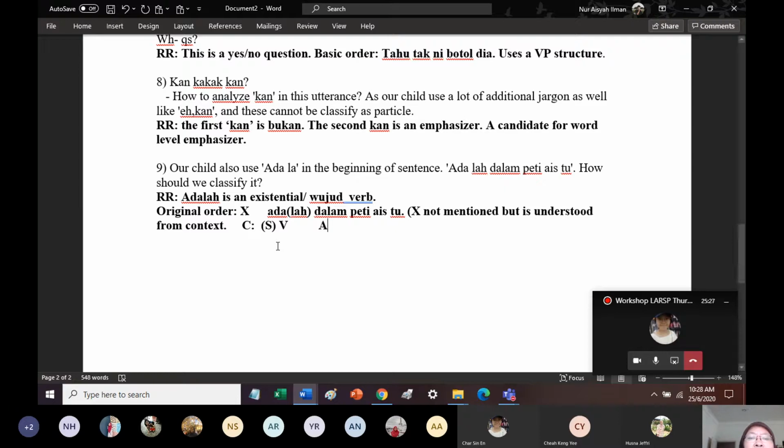So it's a VA sebenarnya kalau kita tengok VA sebab dia tak cakap apa yang ada, tapi dalam konteks we know. So we can say A dalam peti ais tu. A ni sebenarnya kalau kita buat dekat phrase level, is a preposition phrase.